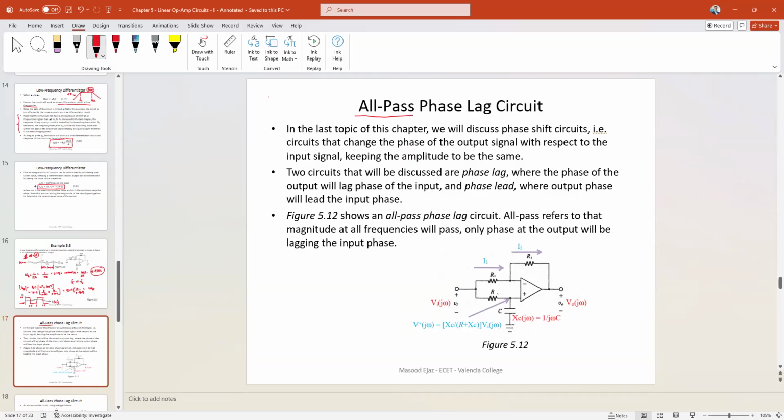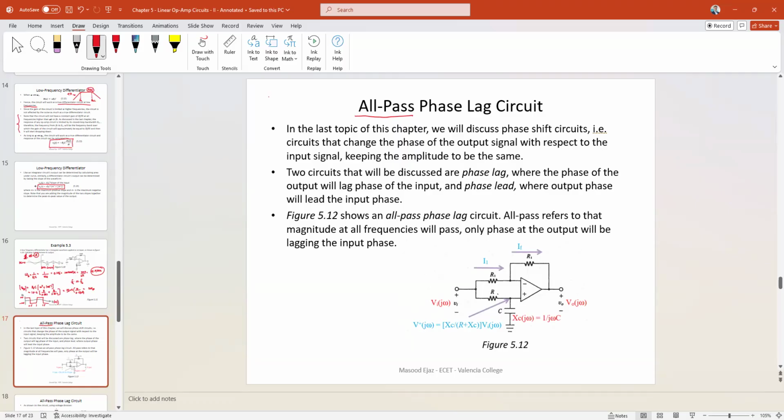So this is the circuit in figure 5.12 that shows you a phase lag circuit. It's an all pass phase lag circuit. We can go ahead and solve it to see if the magnitude of the input and output are the same, and if the output phase is lagging the input phase.